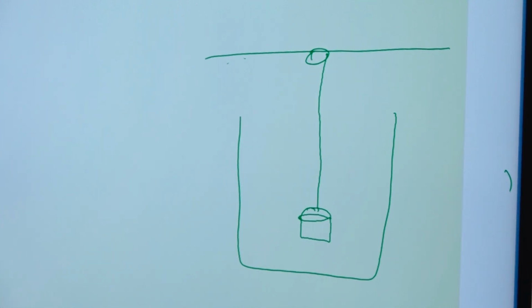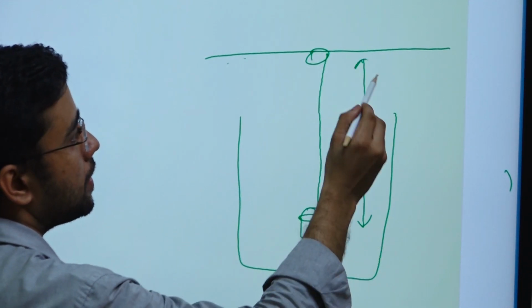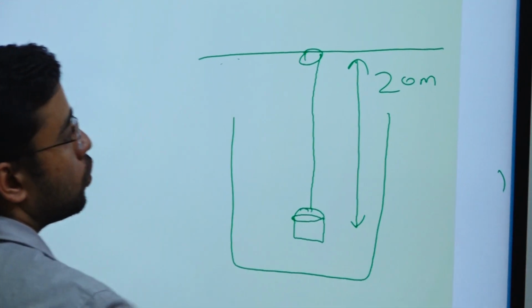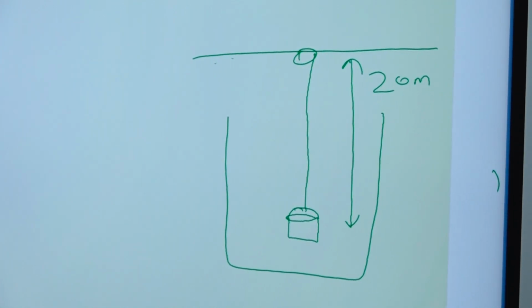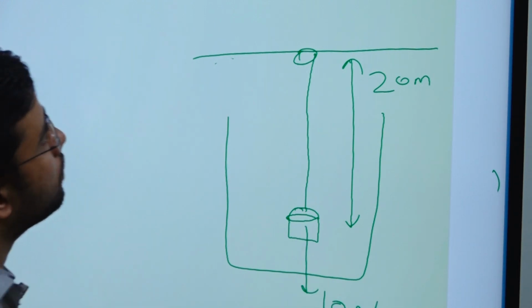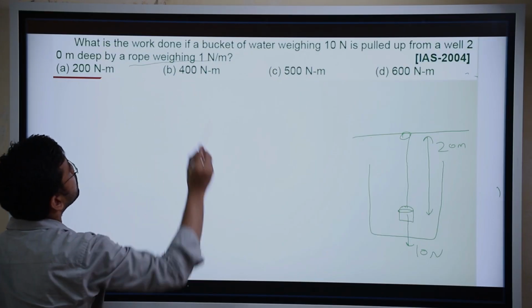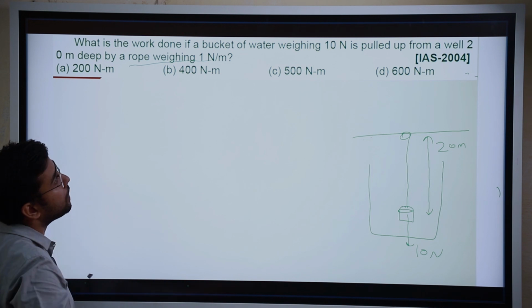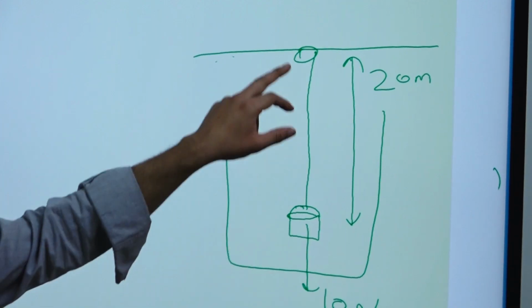From here to here the distance is 20 meter, and the weight of the bucket full of water is 10 Newton. One thing is peculiar here, that is the weight of the rope, 1 Newton per meter.